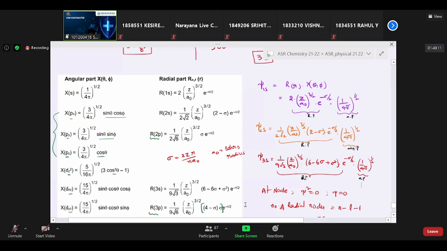So do you understand now how to write the wave function, angular part and radial part together? The left side table gives the radial part separately and the angular part separately. If we combine both, how do we write?